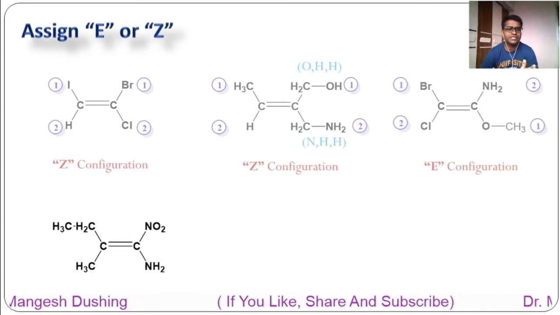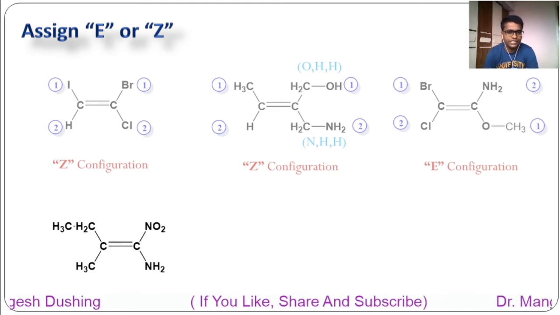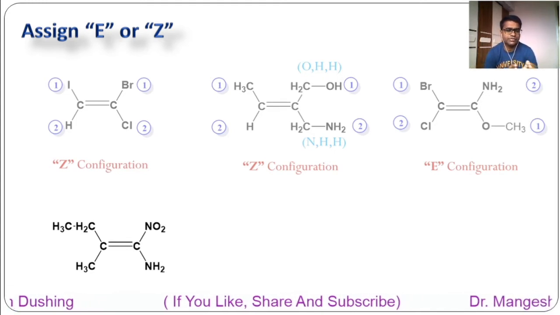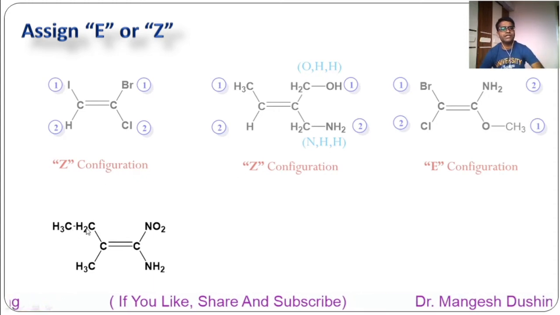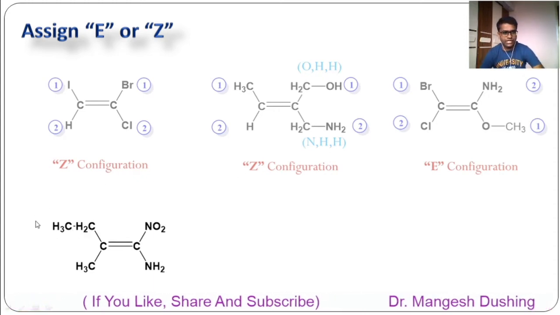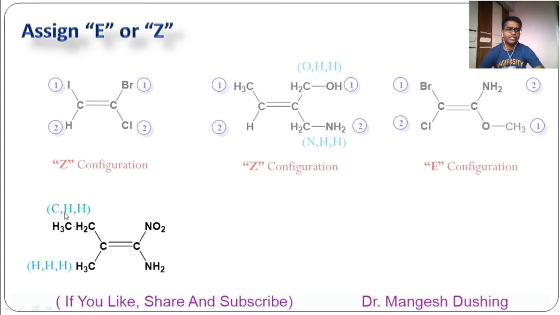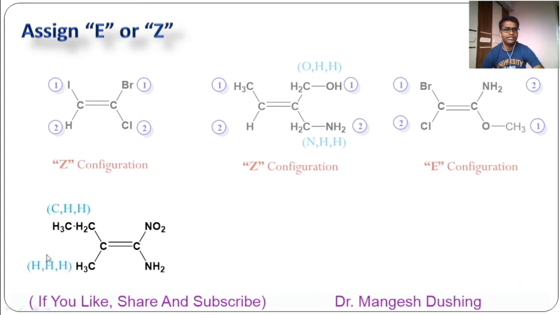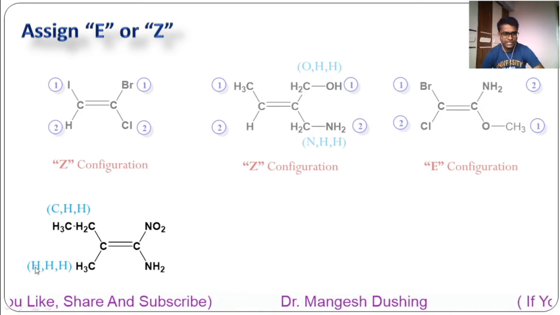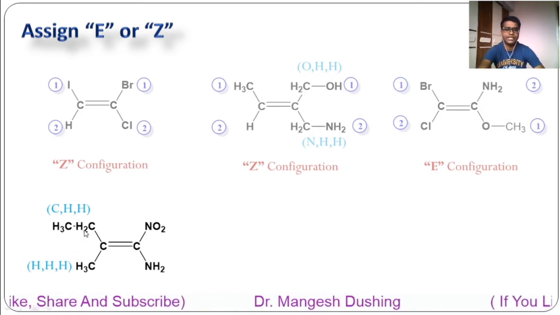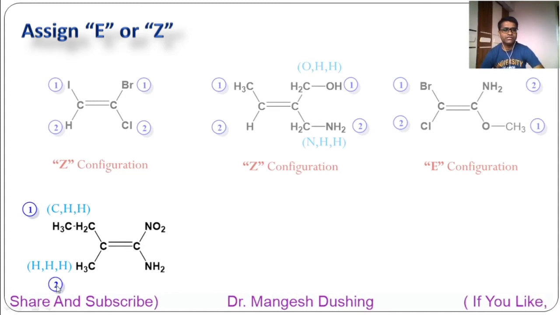These are the basic concepts also. You need to know those concepts, bonding. So here carbon is attached to carbon as well as 2 hydrogens. So carbon, hydrogen, hydrogen. Here it is hydrogen, hydrogen, hydrogen. First atom is carbon, first atom is hydrogen. So it will get the first priority, correct, and this will get the second priority.